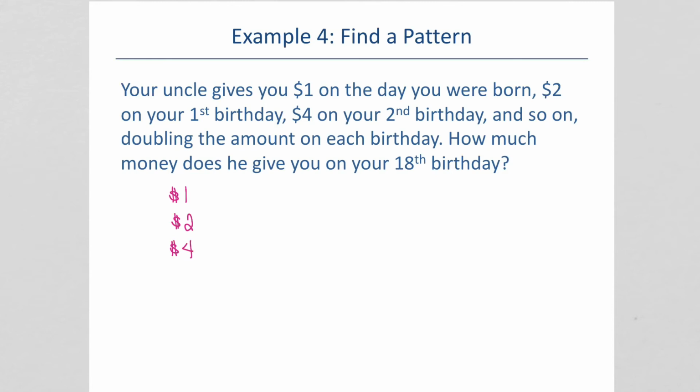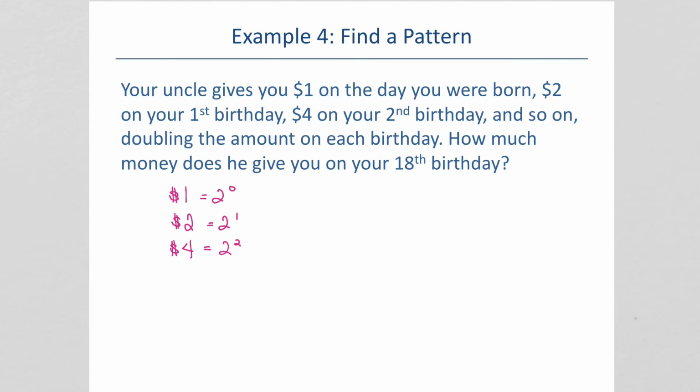Let's see. 1 times 2 is 2. 2 times 2 is 4. So they're multiplying each time. And what that actually is, 4 is 2 squared. 2 is 2 to the first power. 1 is 2 to the 0th power.